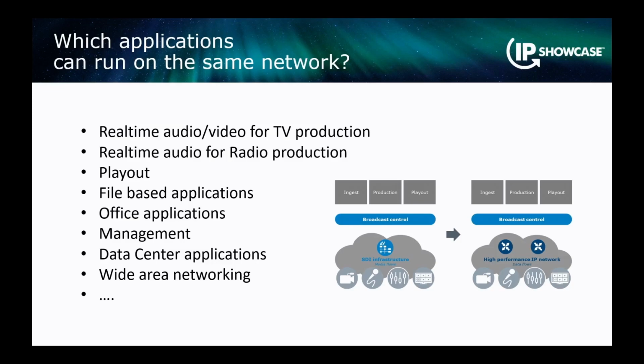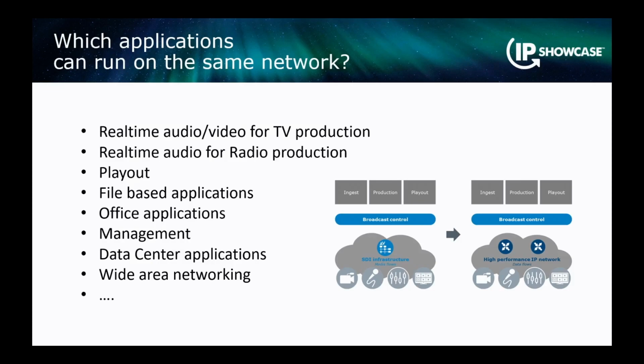Typically, we would say that for these real-time media applications like 2110, we would build a separate network to handle that. You could probably collapse a lot of these, but the thing is that the needs for each of these is very different.